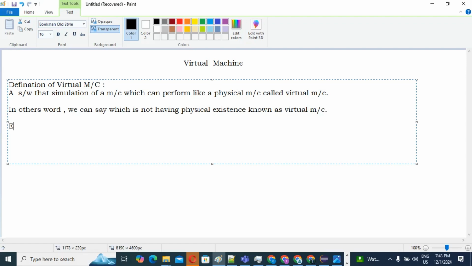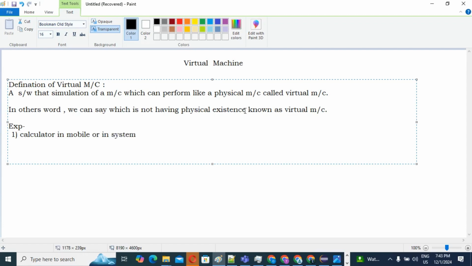But also we should know the examples for this virtual machine. First example: a calculator, in mobile or in system.